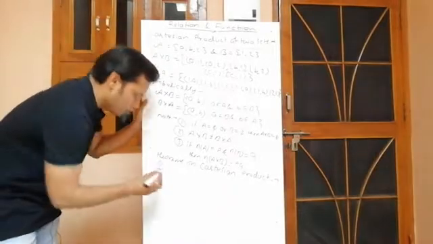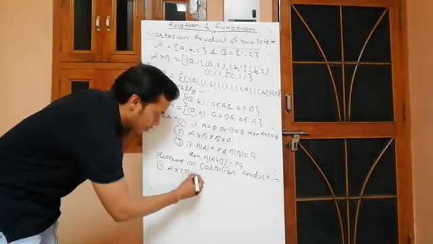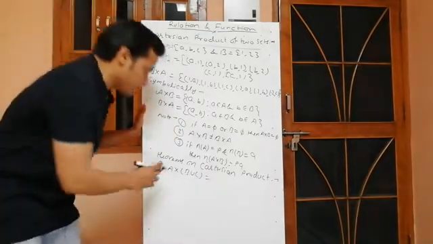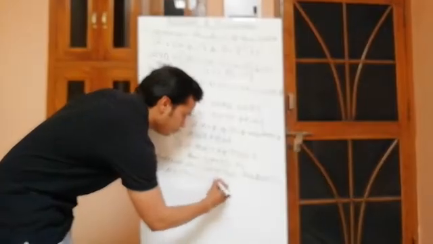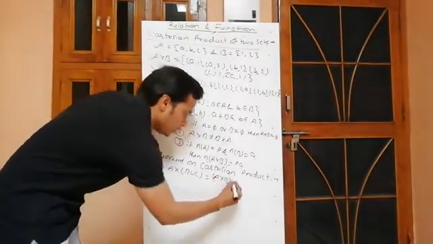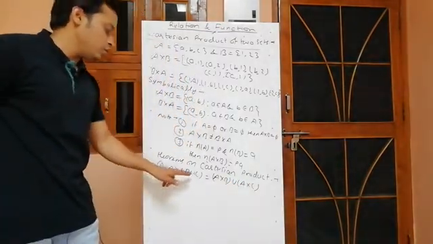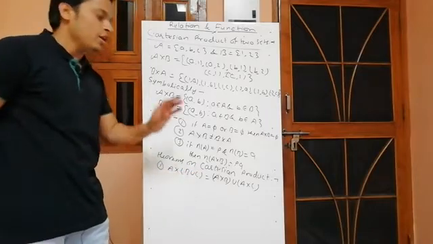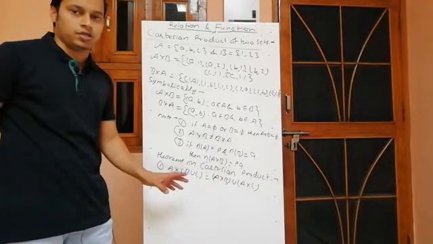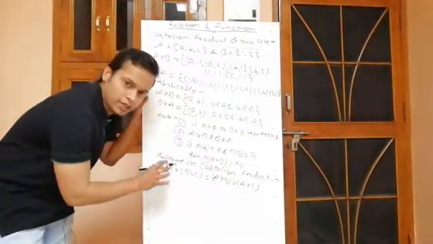First one: if you want A cross (B union C), the value of A cross (B union C) is equal to (A cross B) union (A cross C). How can I prove this one? Just take any example of A, B, C and check. You will get it easily. For all of these, you can easily prove by taking any example.